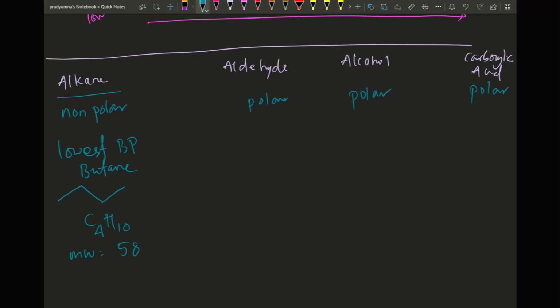So butane versus, let's do aldehyde, propanal. The molecular weight for this one is 58 as well. And the alcohol is propanol.